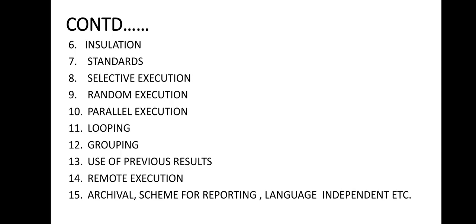You can see the next requirement is selective execution, random execution and parallel execution. So what is this? When we talk about selective execution, a framework may have multiple test suites. A test suite may have multiple test programs, and a test program may have multiple test cases. That means one test suite has many programs, and for one program there are many cases.